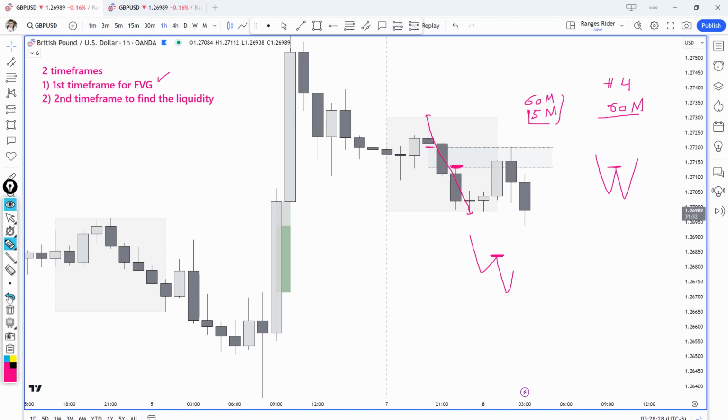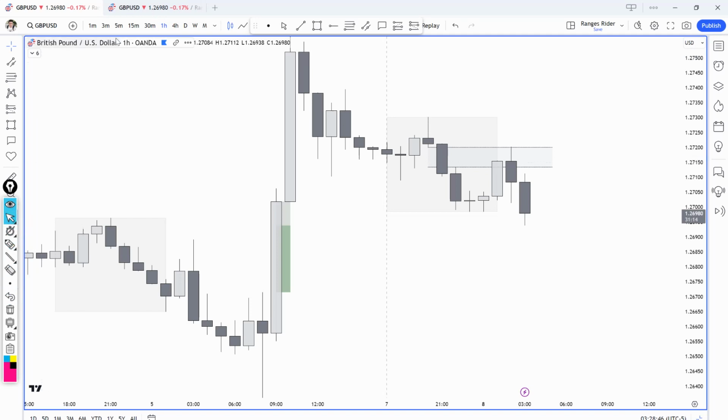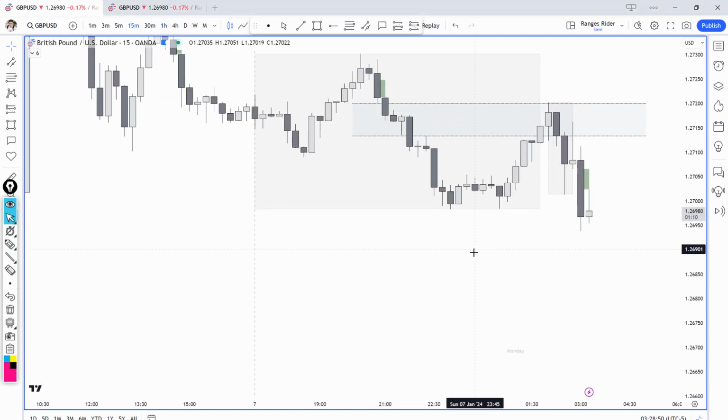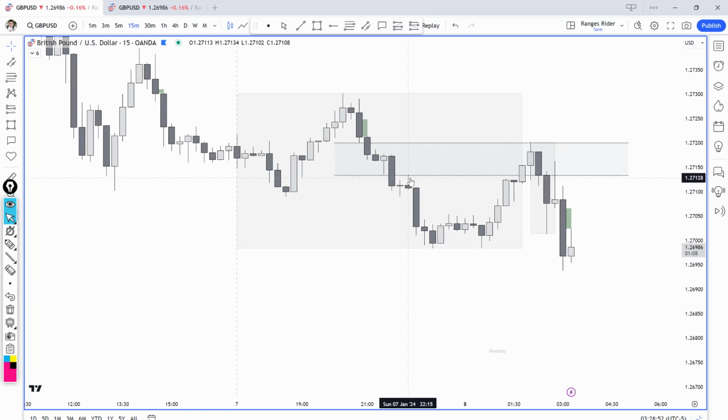So on the 4 hour time frame, for this one on the H1 time frame, I have nothing here. But if I go to the 15-minute, just one time frame lower, this is the swing point.